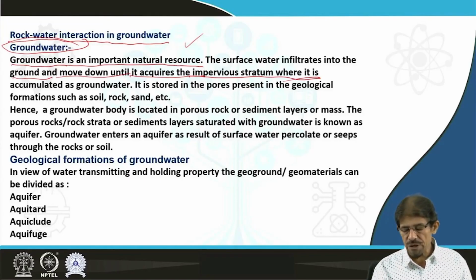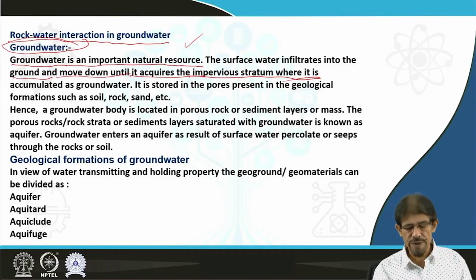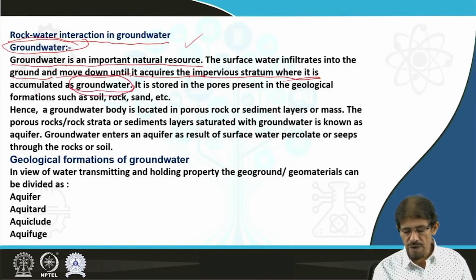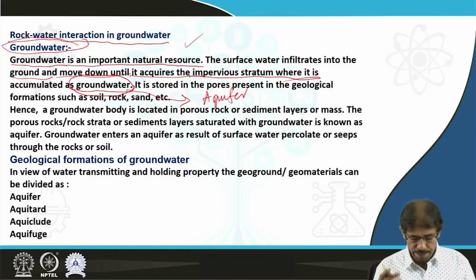This impervious stratum allows the accumulation of water, and the zone later on with respect to time becomes saturated. The saturated body is recognized as a groundwater body, and technically we recognize it as an aquifer.